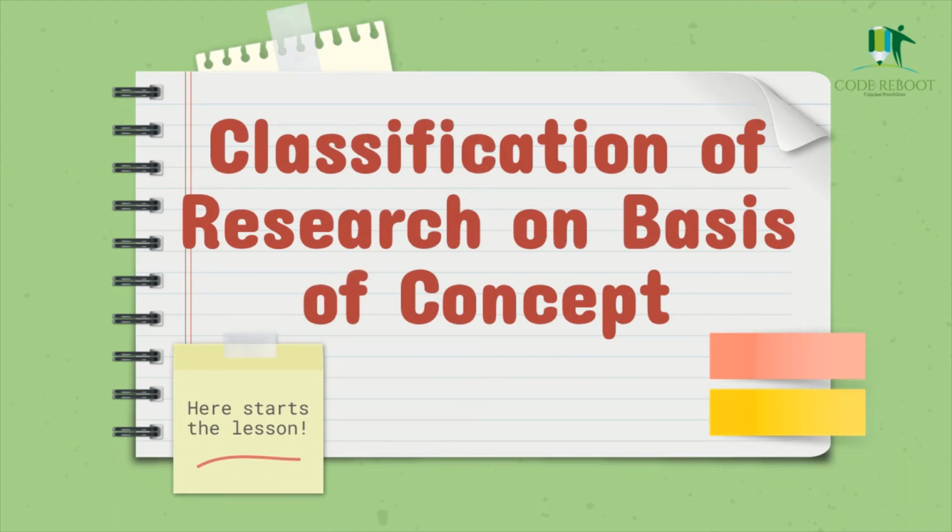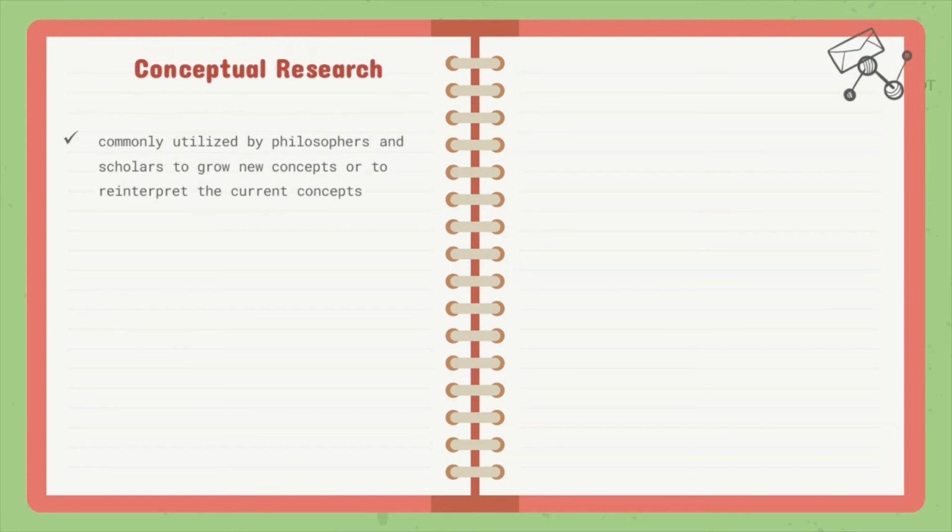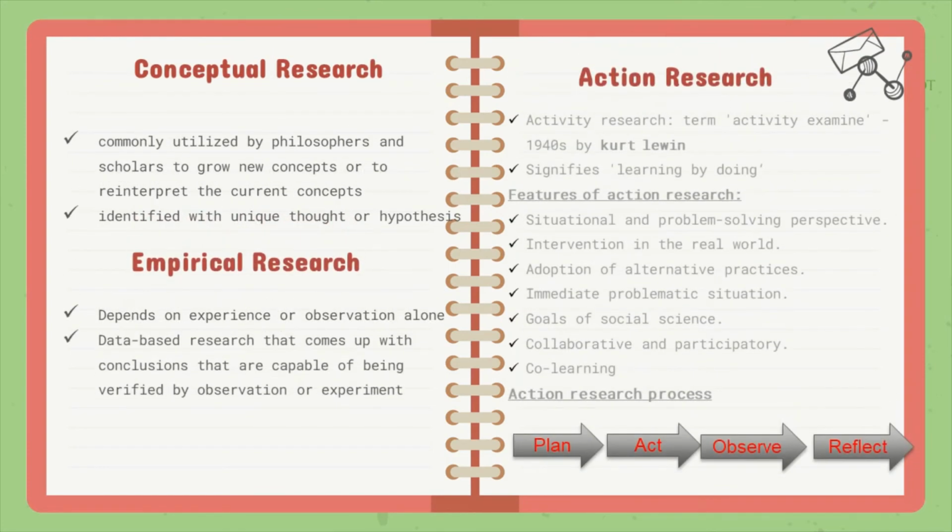The last but not the least is classification based on concept. When we go for the concept, the first one is conceptual research. Conceptual research is done by philosophers and scholars. They have prior experience, and the idea or thought they provide for each research problem is unique.